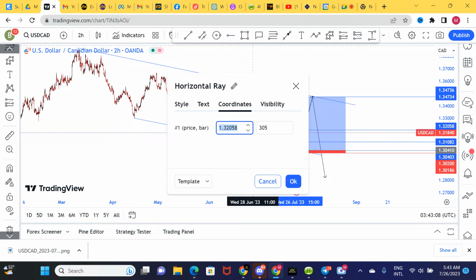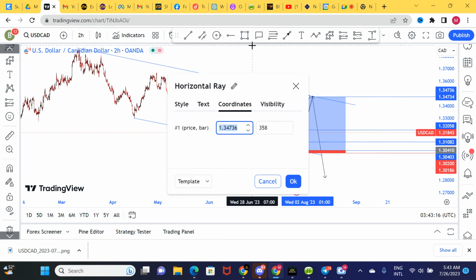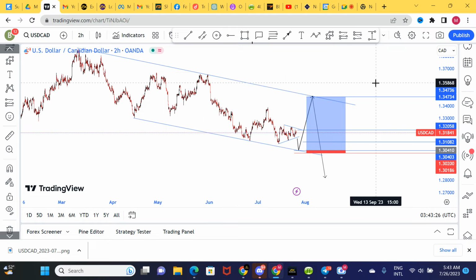TP3, our TP3 is going to be at 1.34736. So for now, this is what we're going to have.